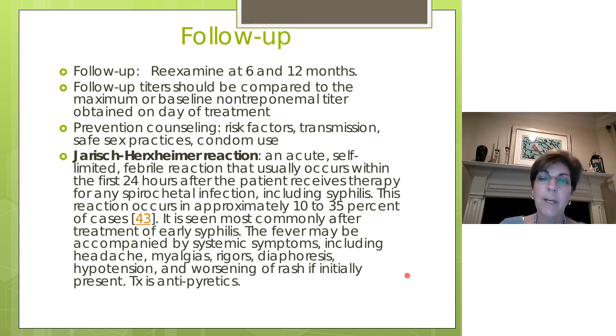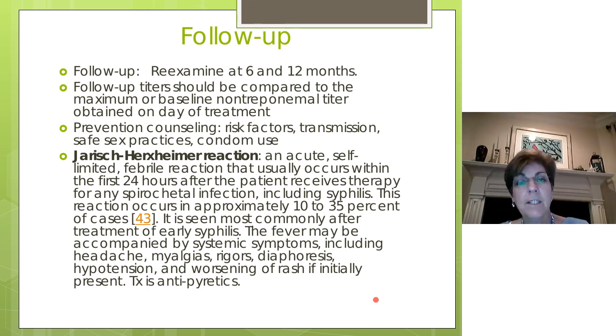And then I just put a little bit here about what that reaction is, the Jarisch-Herxheimer reaction, and that's an acute self-limiting febrile reaction that occurs within 24 hours after the patient receives penicillin for syphilis. It occurs in 10 to 35% of patients.